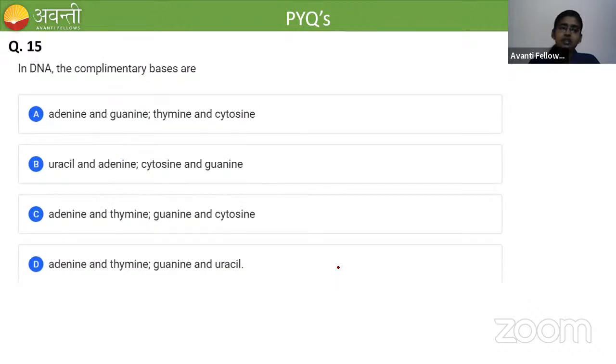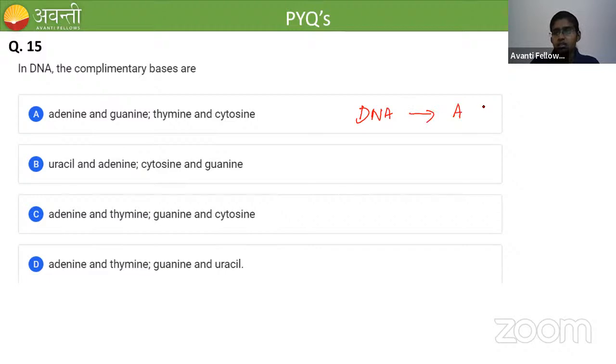In DNA, the complementary bases are adenine and guanine, thymine and cytosine, uracil and adenine, cytosine and guanine, adenine and thymine, guanine and cytosine, adenine and thymine, guanine and uracil. So who are the base pairs in DNA?